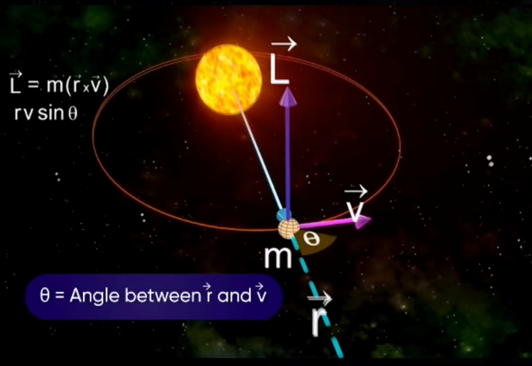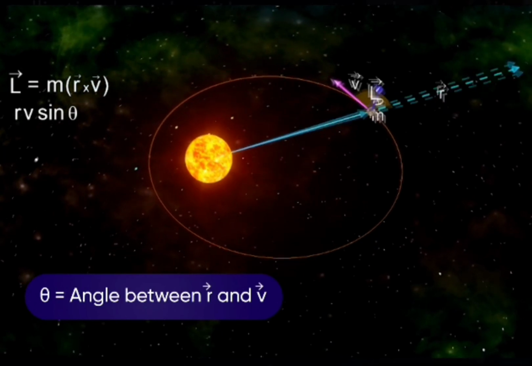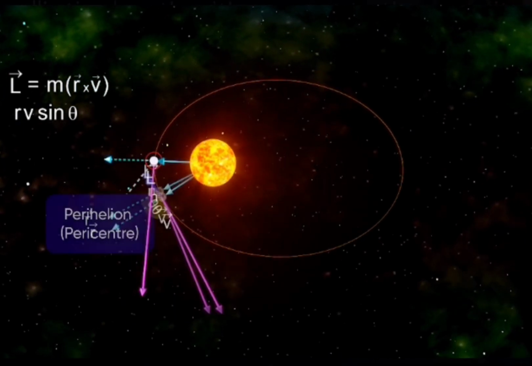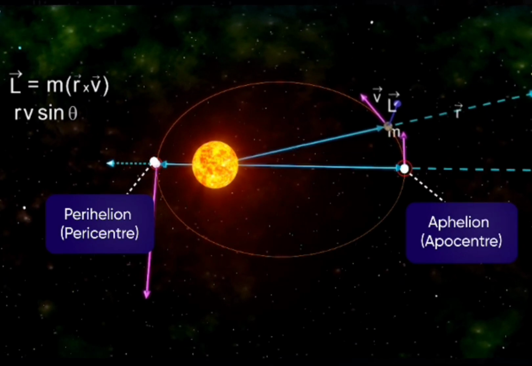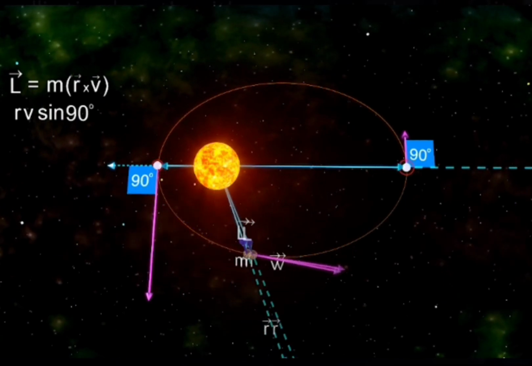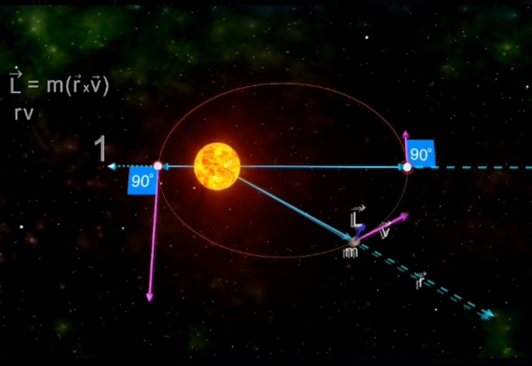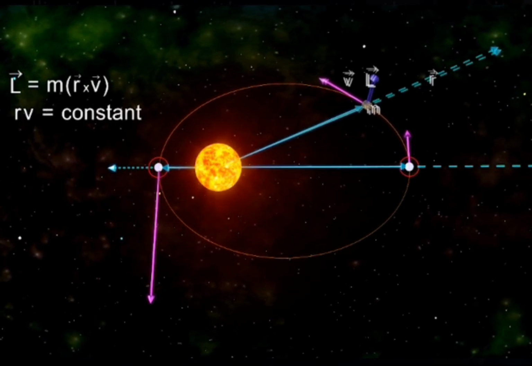The angle theta is the angle between the radius vector and the velocity vector. At pericenter and apocenter, the angle theta is equal to 90 degrees. So, sine theta equals 1. As a result, r v is constant.